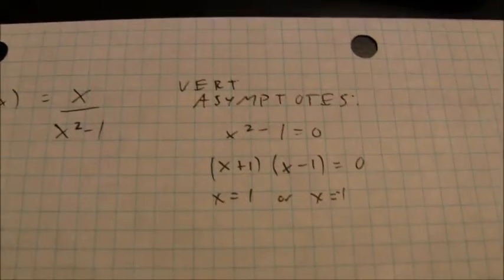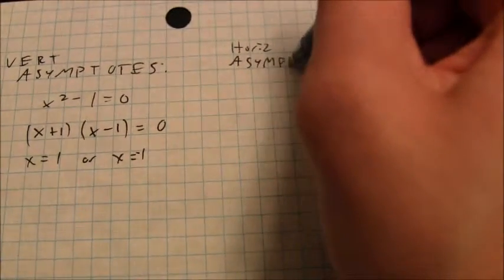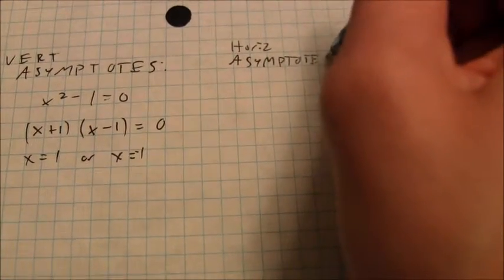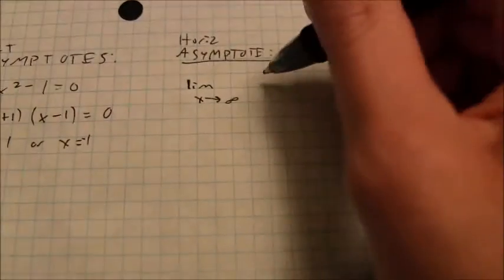As far as horizontal asymptotes go, remember the horizontal asymptote can be found by taking the limit as x approaches infinity of the function.